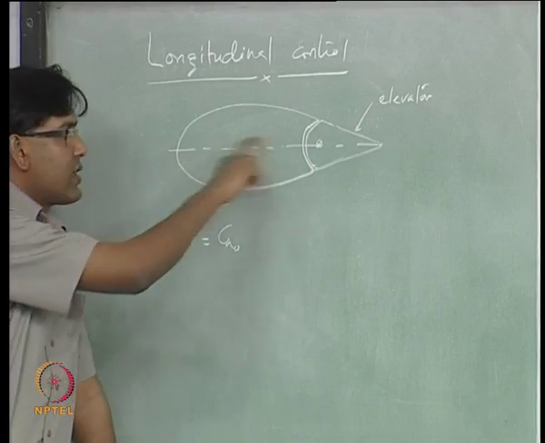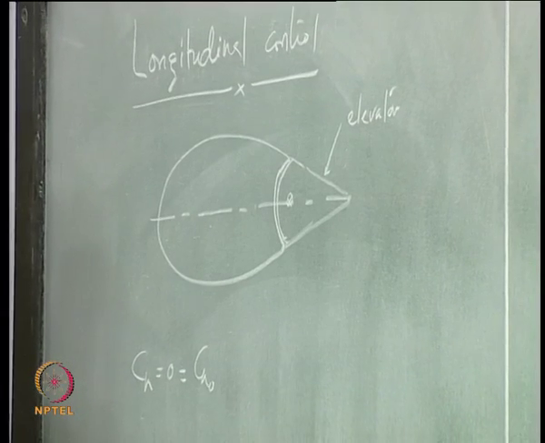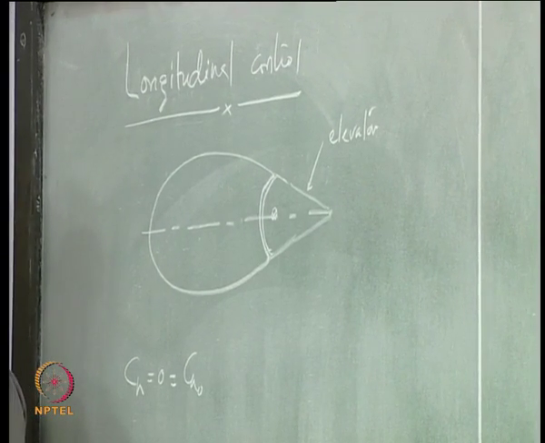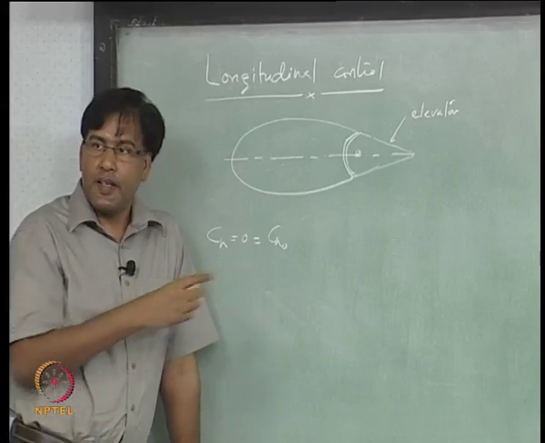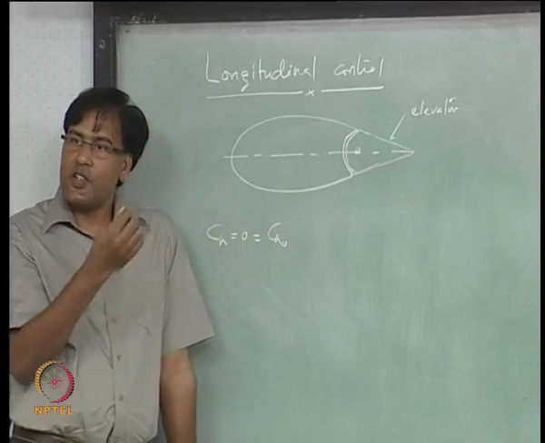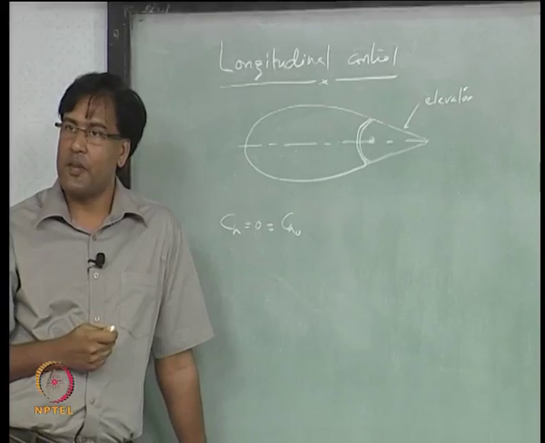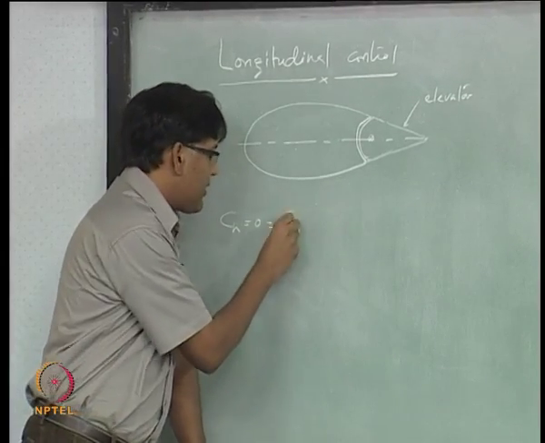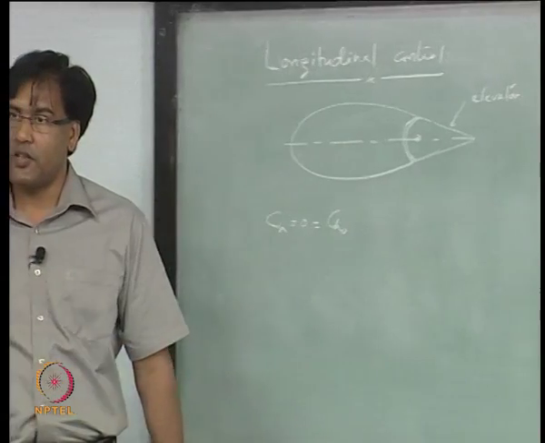So, for this tail, which is a symmetric airfoil all the time, but the canard is not a symmetric airfoil. Okay. There is the aft tail. Aft tail is usually symmetric, but canard may not be symmetric.